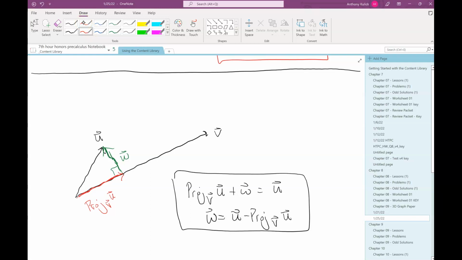So really what we've done is break vector u up into two orthogonal vectors. Those two vectors, the projection of u onto v and w, still add up to give us u. And the additional feature we get is that the projection of u onto v is in the same direction as vector v.